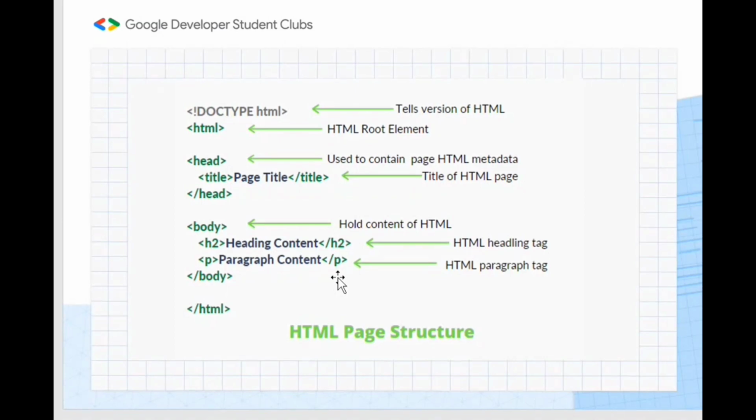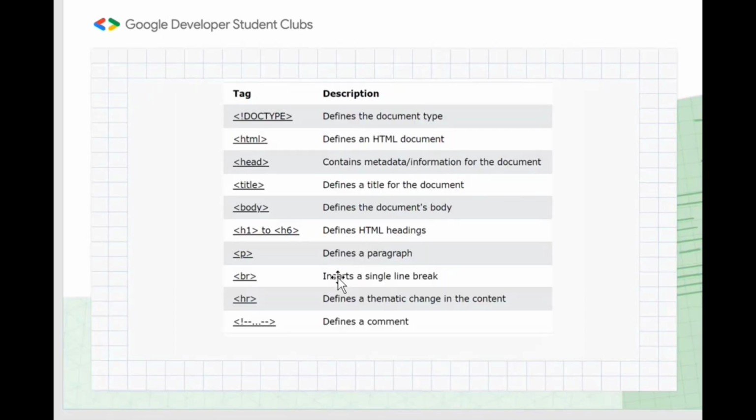Heading tags are also one way in which Google connects web pages together, H1 being the most important and H6 the least important. And p is for paragraph. Now moving on, this is just a table which contains more of the tags, which we will get into in the coding part.